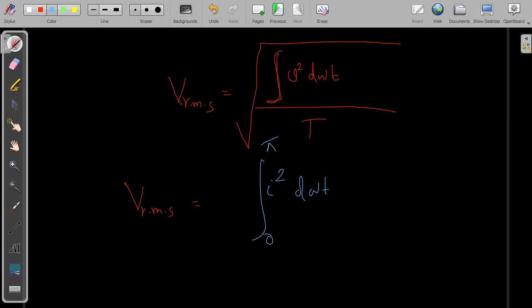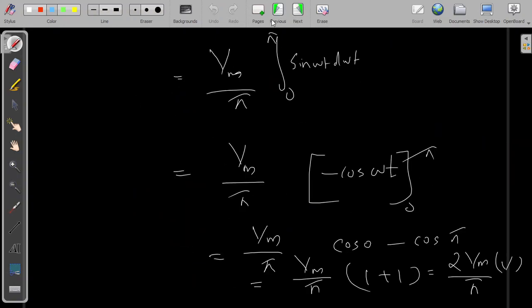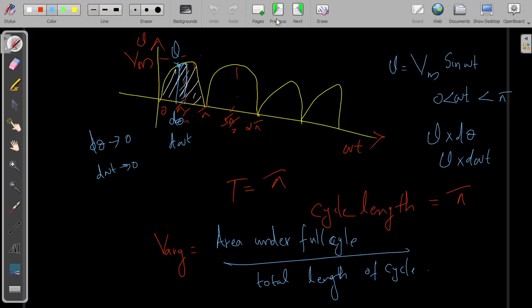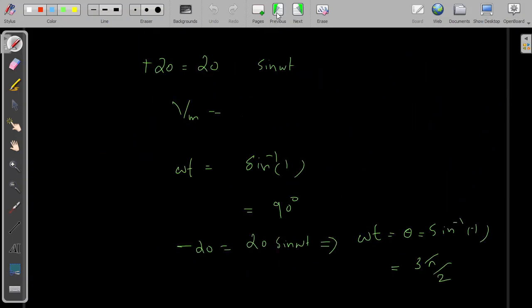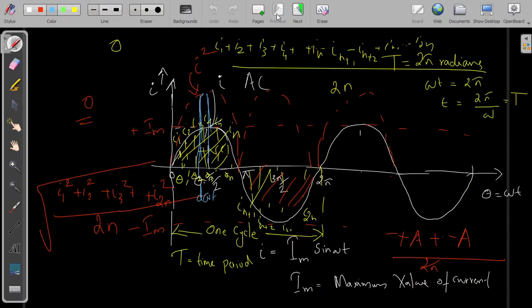Why? Because the area here is only extending from 0 to pi. So we have to find out this area.